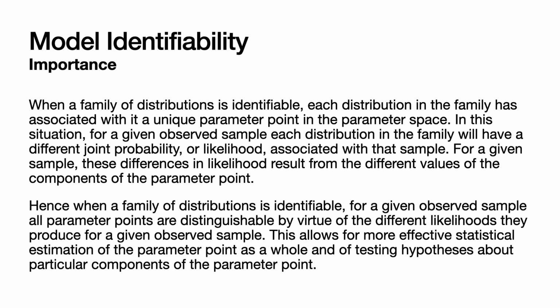Hence, when a family of distributions is identifiable, for a given observed sample, all parameter points are distinguishable by virtue of the different likelihoods they produce for a given observed sample. This allows for more effective statistical estimation of the parameter point as a whole and of testing hypotheses about particular components of the parameter point.